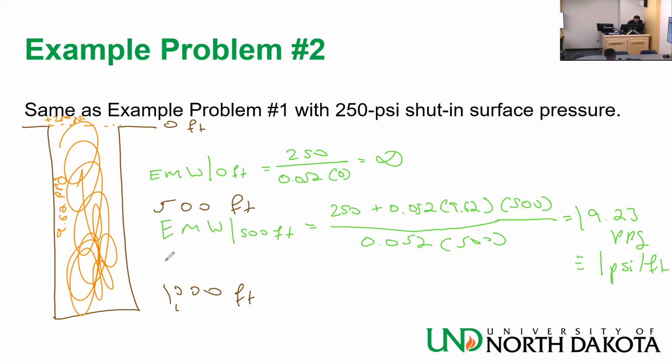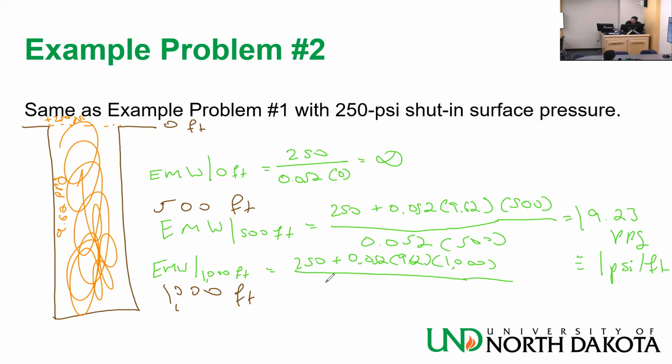Now, EMW at 1,000 feet. What is the numerator? 250, excellent, class. I'm not putting units, but you know the units.